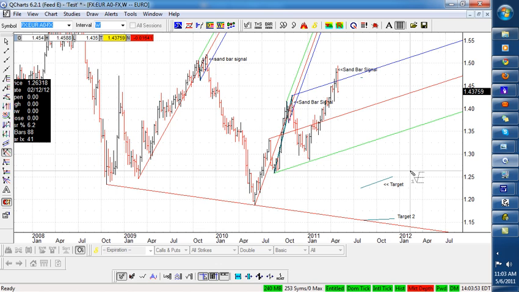Okay, so this is the sandbar material. It's very simple, it's very straightforward, it's very cookie cutter, and the benefit is that it's easy to see when you have a sandbar situation. And after you get accustomed to just drawing the lines, and I would suggest going through some historical data and playing with it, there's a little voice in your head that says, yeah, sandbar.